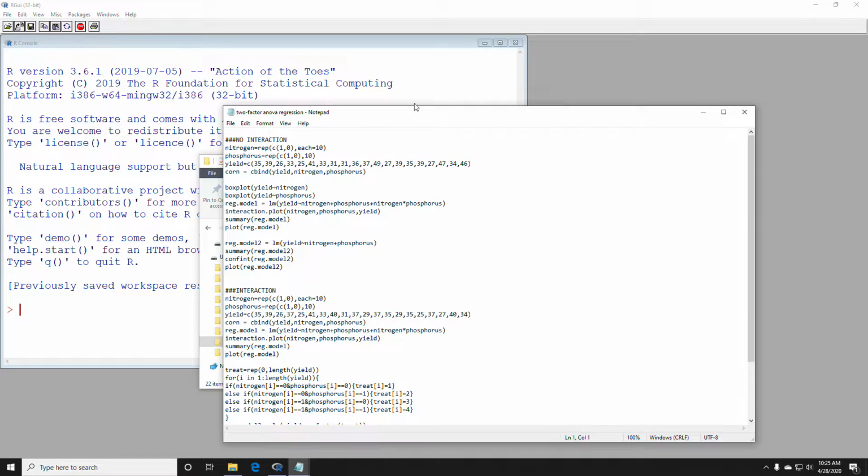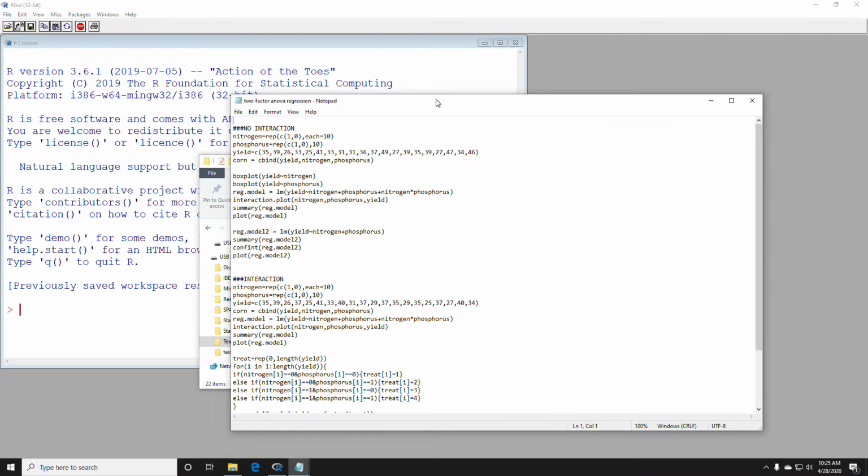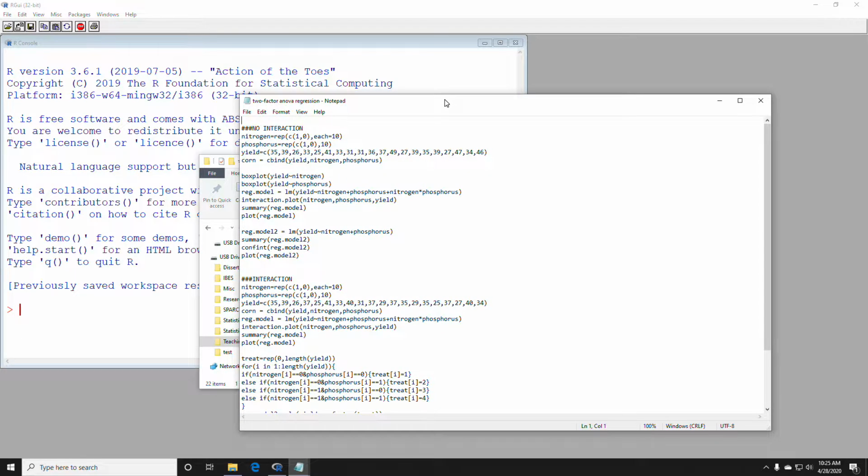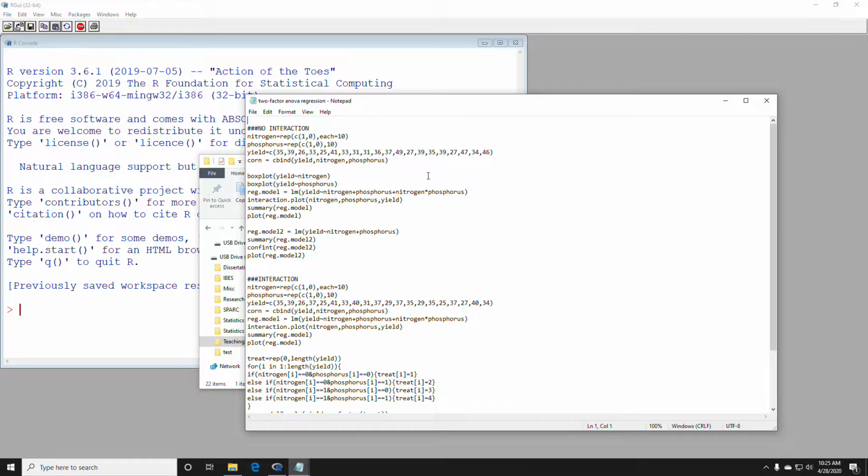Okay, so basically I want to use these examples just to really look at the interaction term. Technically, these data sets use a couple of binary variables, which really are basically nothing different than what we've seen before.